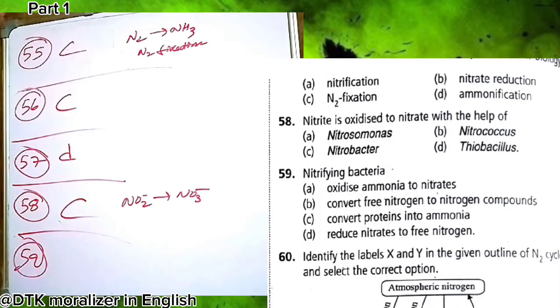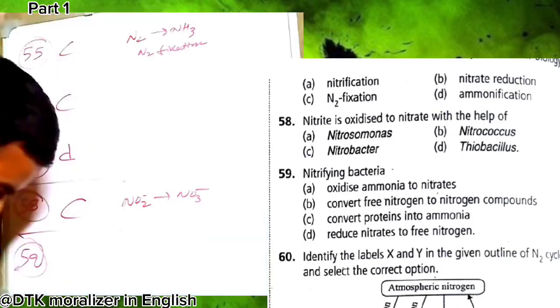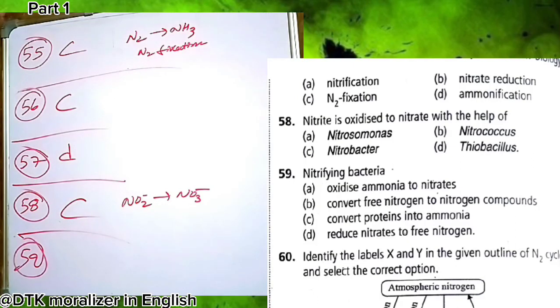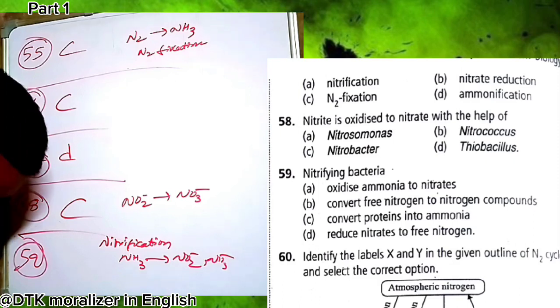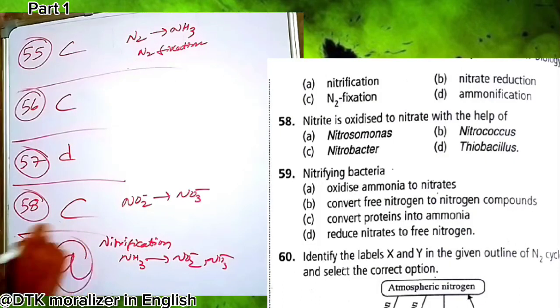Oxidize ammonia to nitrates. Nitrification, here NH3 to NO2 to NO3 minus. So option A.